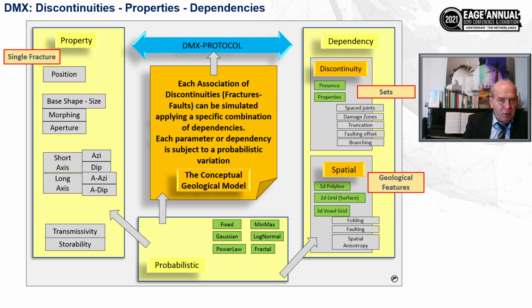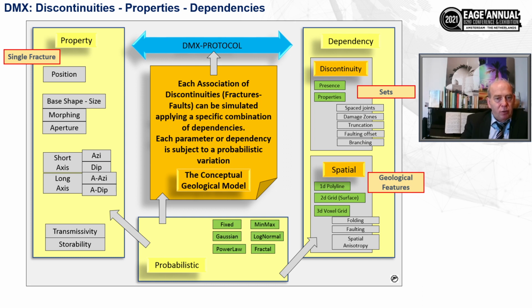They can be dependencies on the other discontinuities in the model, so between the different sets or the different features, spacing, zoning, truncation, etc. Or they can be dependencies on geological features, like faults, different spatial variations, depending on the structure, etc.